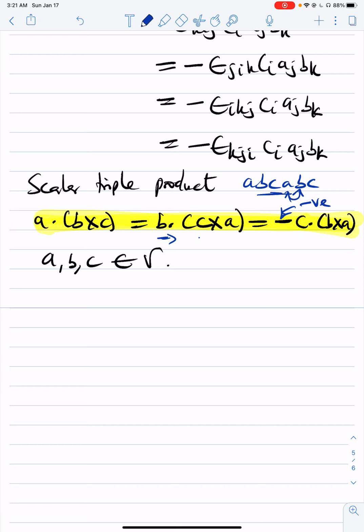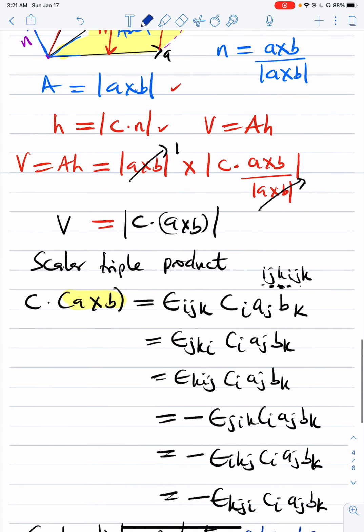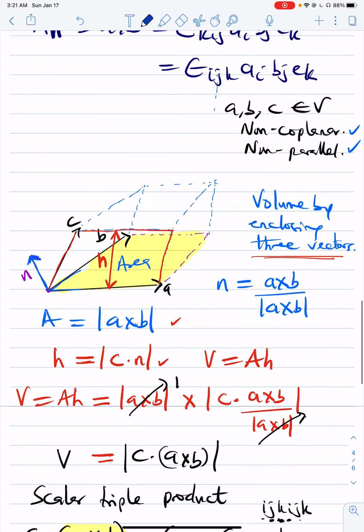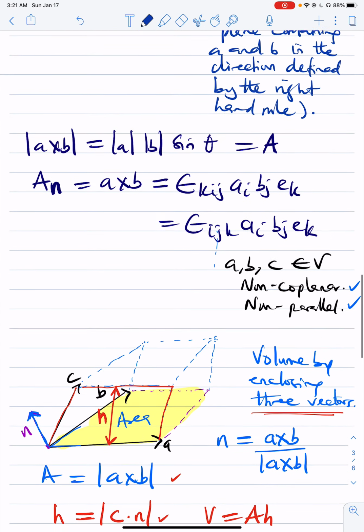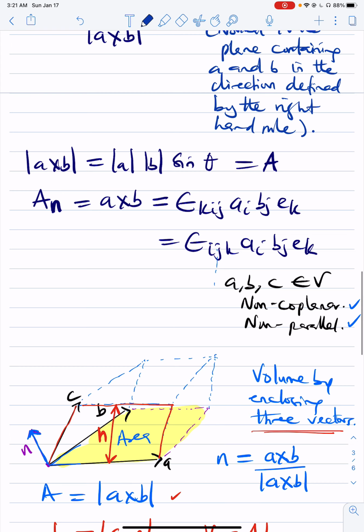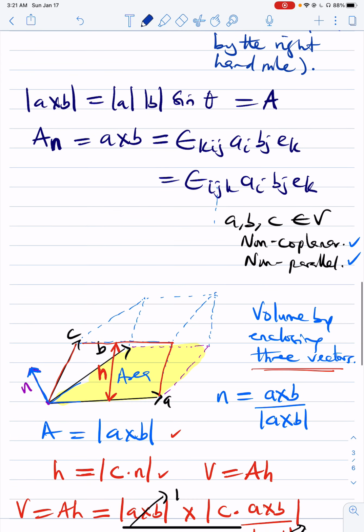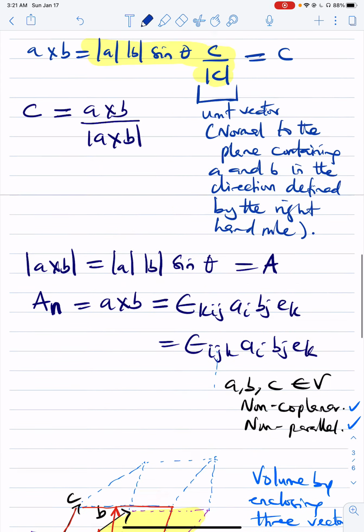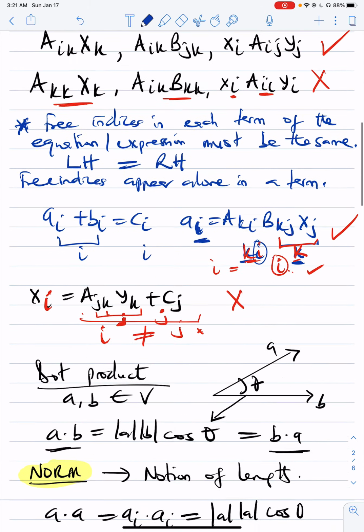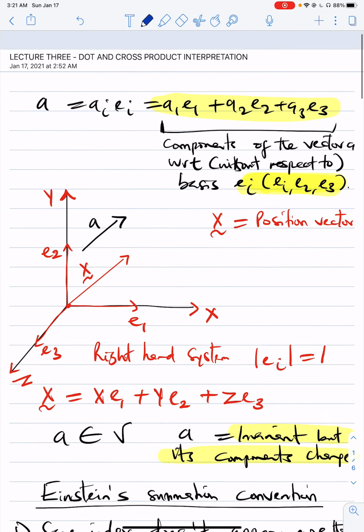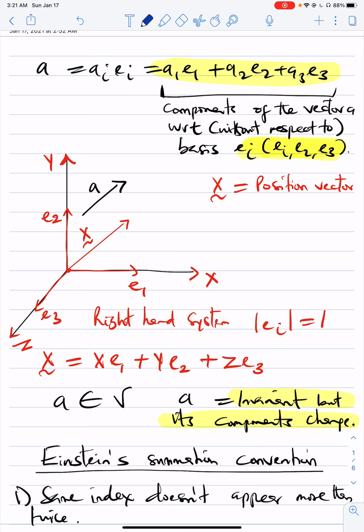So I hope this video gives some good intuition and explanation on what the vector product and dot product can do as well. As a form of introduction, I explained the components of a vector, and that you describe the components of a vector with respect to its basis.